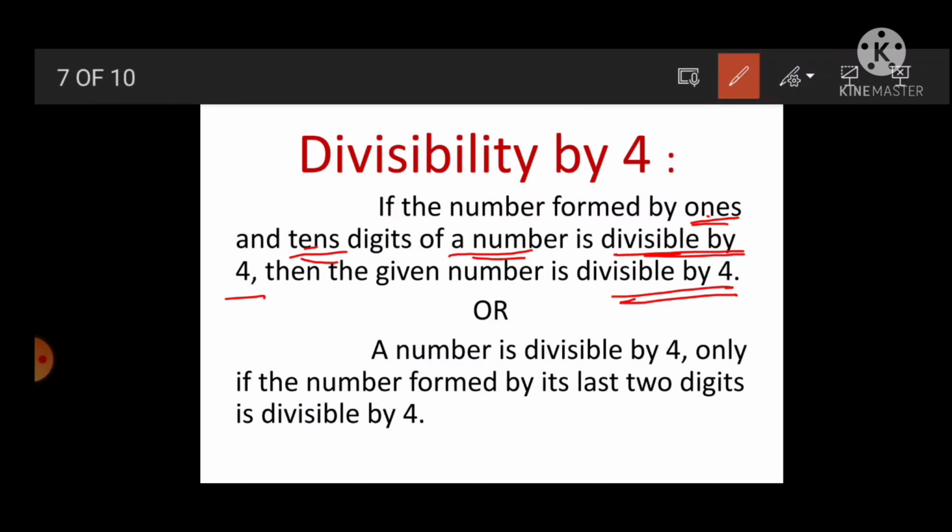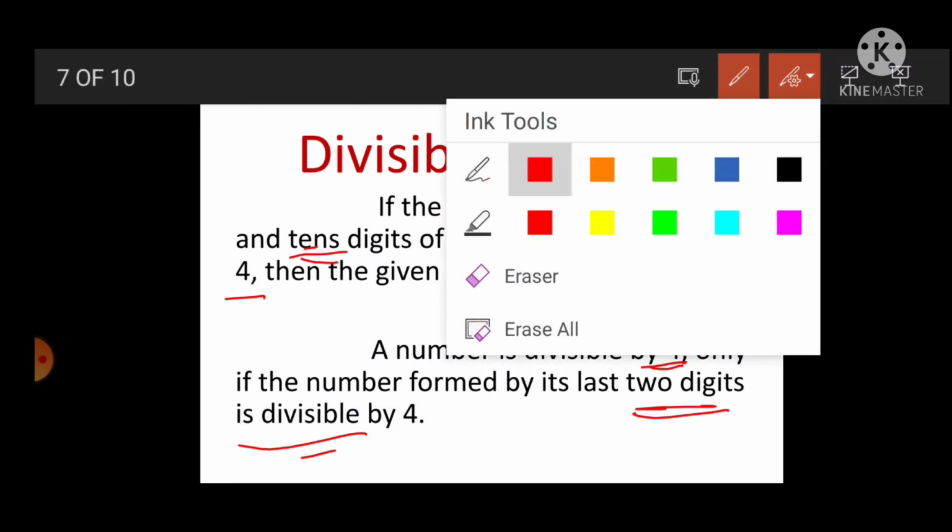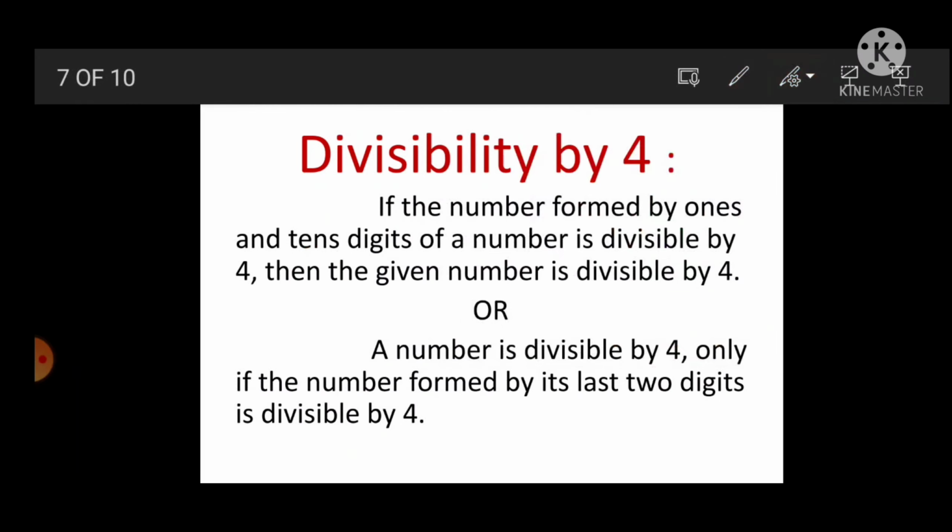In other words, a number is divisible by 4 only if the number formed by its last 2 digits is divisible by 4, then the given number is also divisible by 4. Okay. We will discuss some examples. You will get a clear idea about this divisibility test. See the first example.